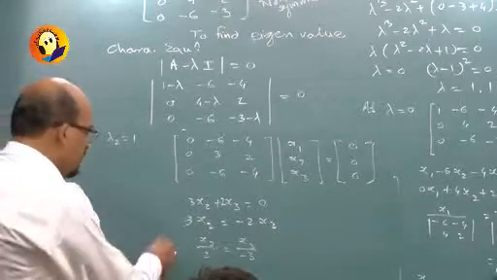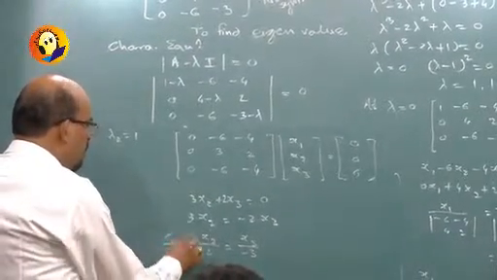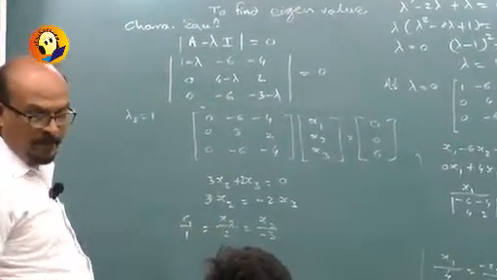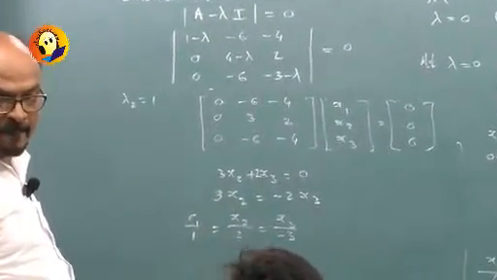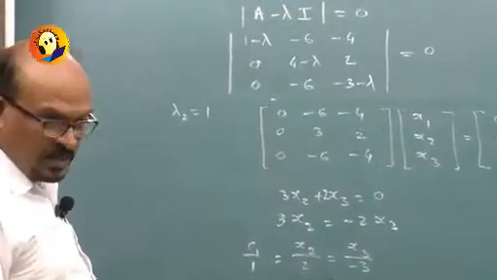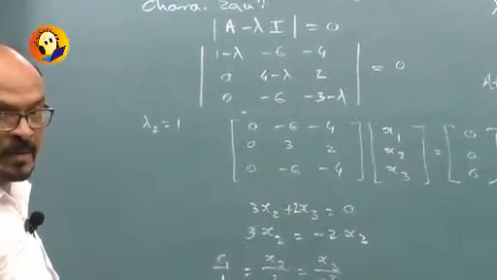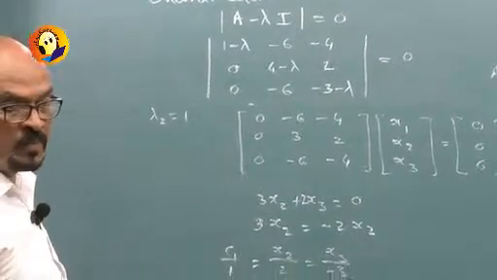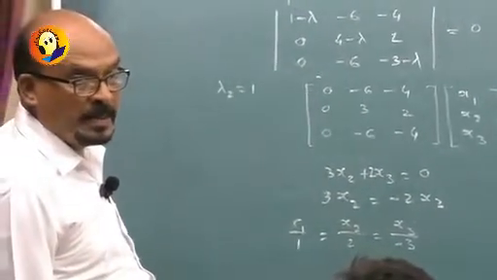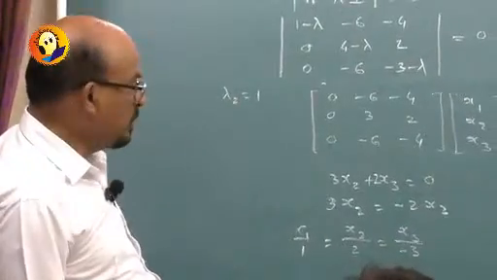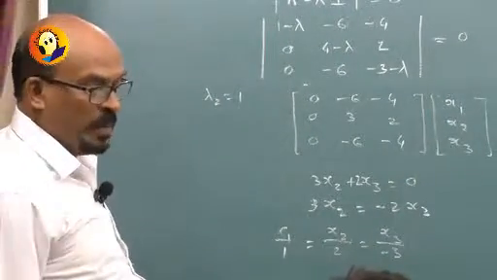Can we say that this is same as x1 upon 1? How does it matter? Or x1 upon 2 or x1 upon 3? Will it matter? No, and even if it is 0, it will not matter.